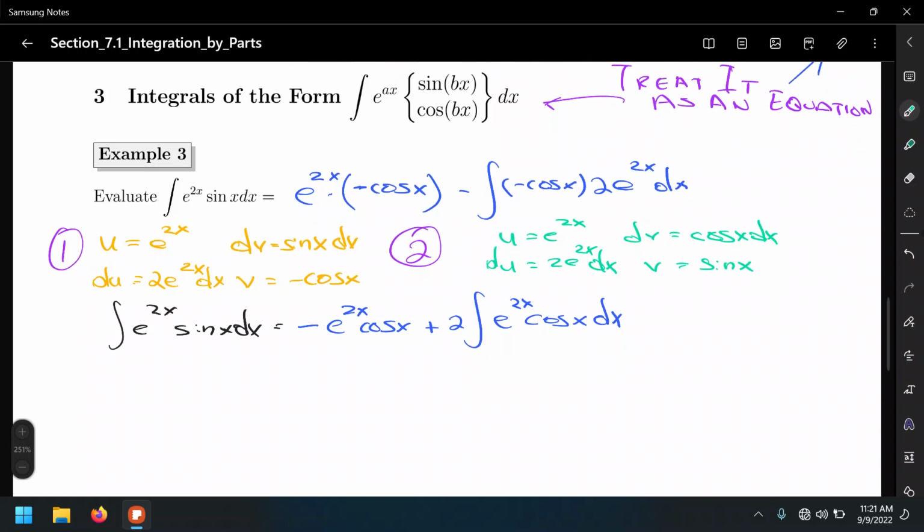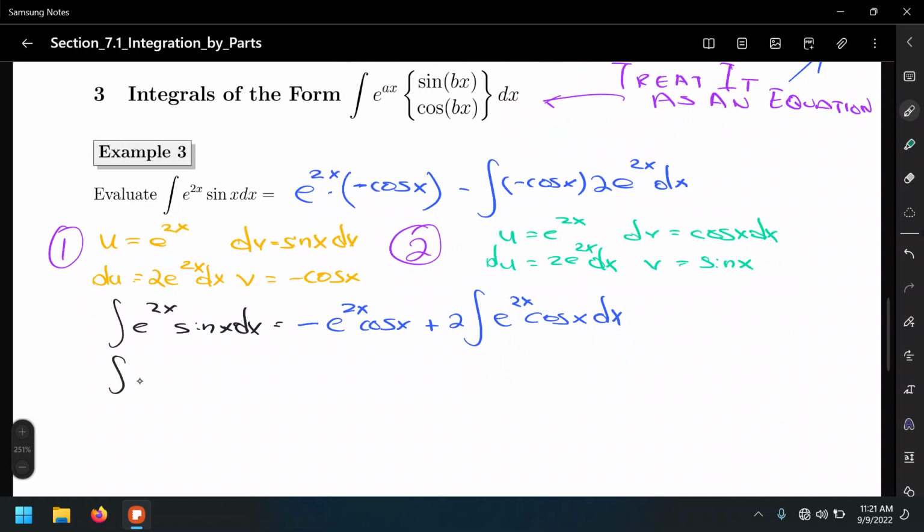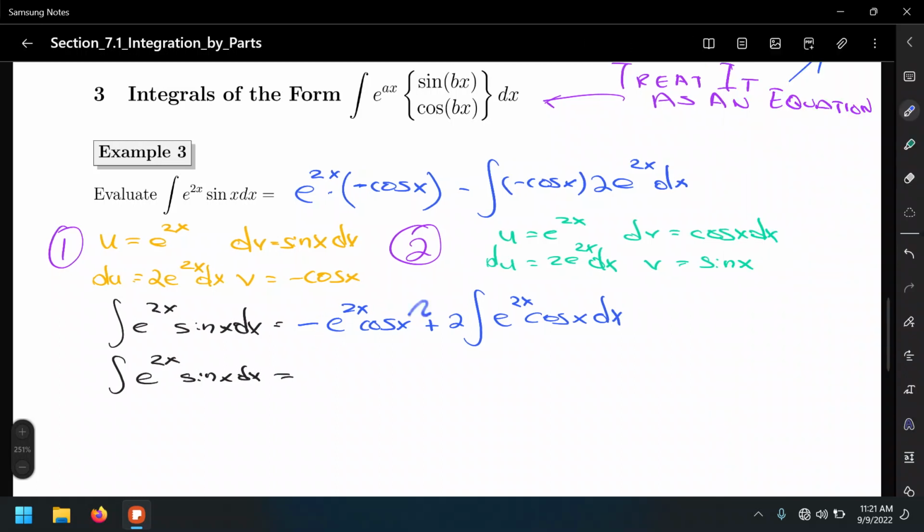Sine x. Okay, let's keep going with the original problem. The integral of e to the 2x sine x dx equals, well, we already had e to the negative 2x cosine x plus 2 times, okay, here be careful with this, it's 2 times open brackets, and write down whatever we get from the setup of this integration by parts, okay?